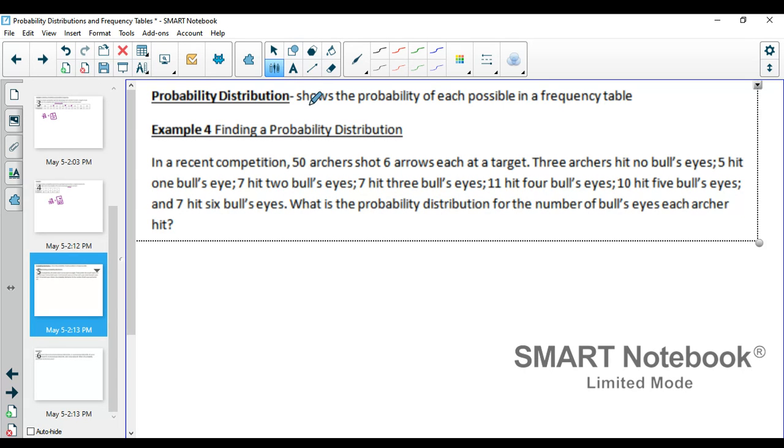All right. So a probability distribution shows the probability of each possible outcome in a frequency table. So essentially, it's taking the data from a problem and writing it as a frequency table.